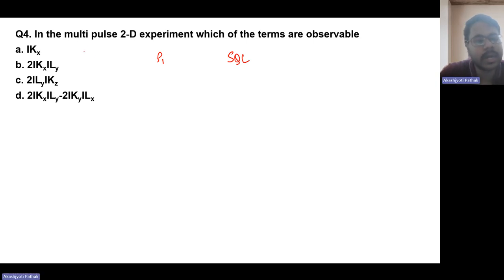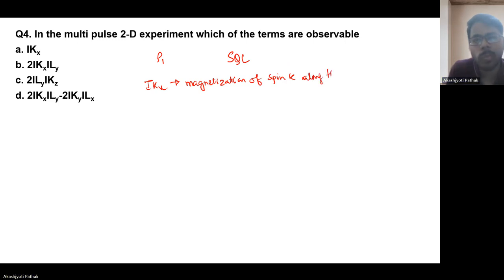So what do these different terms indicate? IKX, what does this mean? IKX means magnetization of spin K along the x-axis, right? Magnetization of spin K along the x-axis.